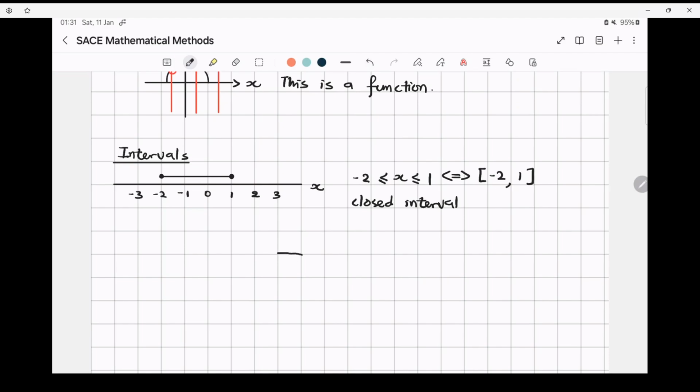So if you have another number line, -3, -2, -1, 0, 1, 2, and 3. So now you have 2 open circles, for example.